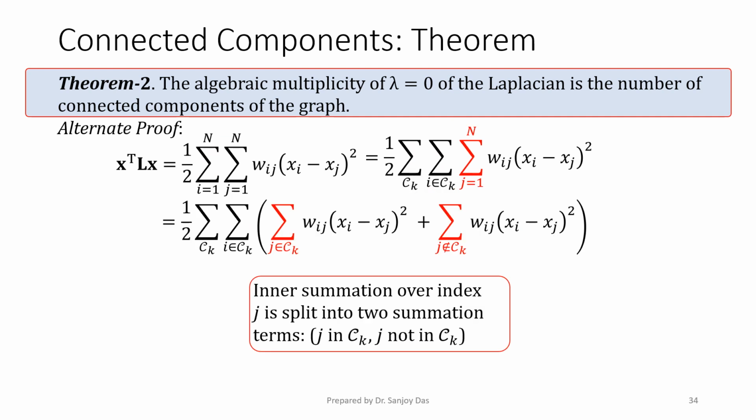Now, let's focus on the second summation here, which is this. It's over index j. I split it into two parts. One part is over all vertices in Ck, and the other summation is over all vertices outside of Ck.